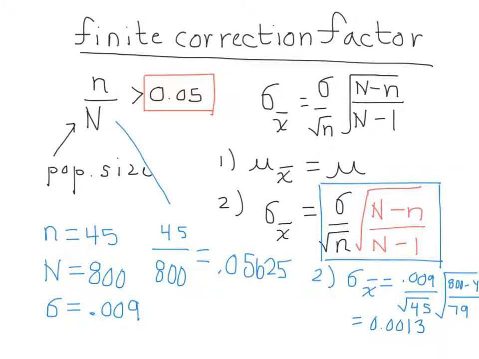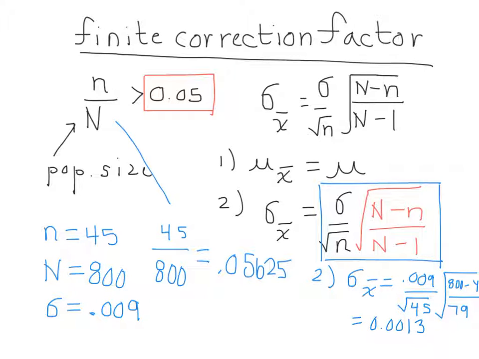And when you calculate that, you should get a standard error of 0.0013. Now, had you calculated it without the finite correction factor, so if you just did the 0.009 divided by the square root of 45, I want you to notice that you get a very similar value. In fact, when you round it to 4 significant figures, you get the same value.